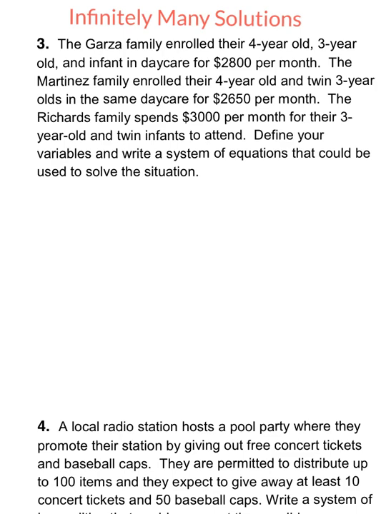So you got a 4-year-old, a 3-year-old, and an infant; a 4-year-old and 3-year-olds; and then a 3-year-old and infants. So you have 3 types of kids. X can be the number of 4-year-olds, Y can be the number of 3-year-olds, and Z can be the number of infants.